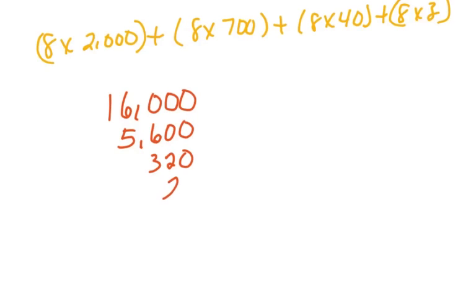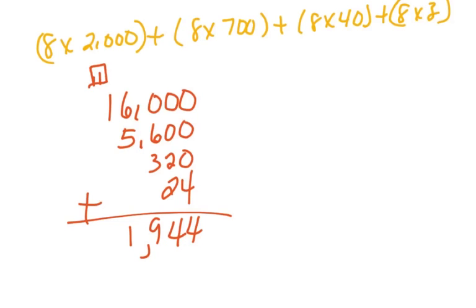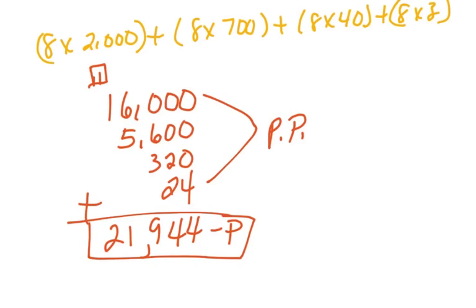And 8 times 3 is 24. Now, I add up. 4, 4, 9, 1, regroup, then 2. So 21,944 is my final product.